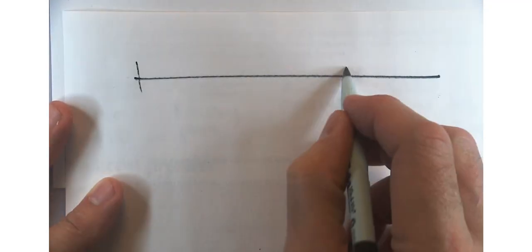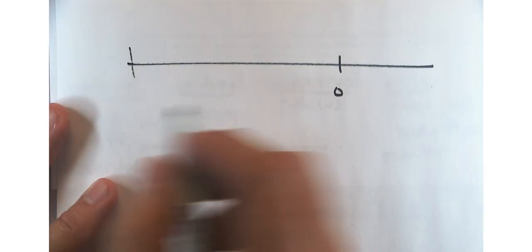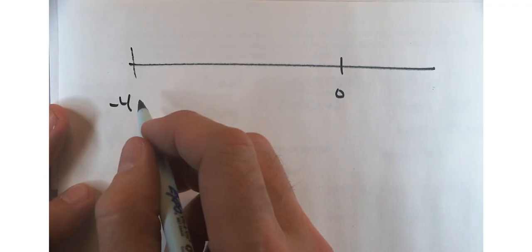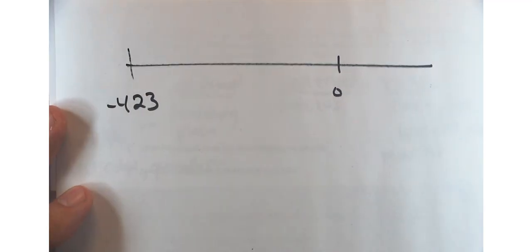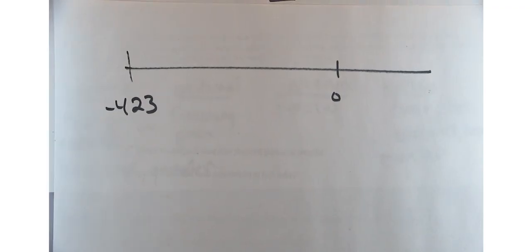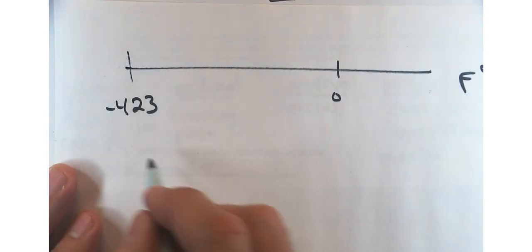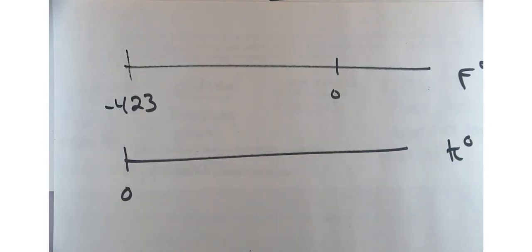You're taxing me because it's been a while since I've had a physics class. But I think in degrees Fahrenheit, it's like negative 423-ish. That's where you hit absolute 0. So this is degrees Fahrenheit. In degrees Kelvin, 0 is 0. It doesn't get any colder than that.